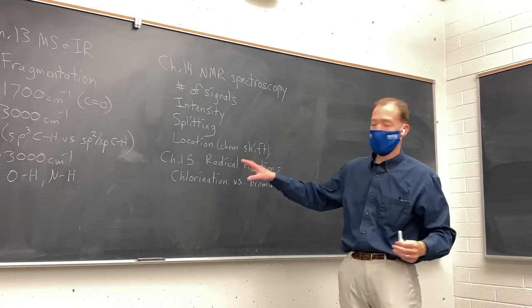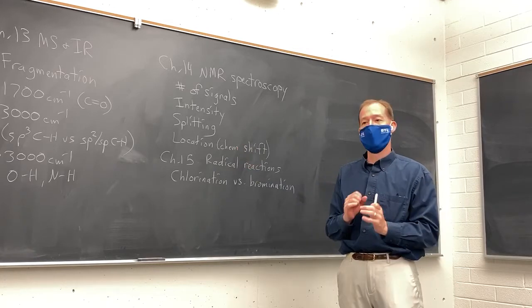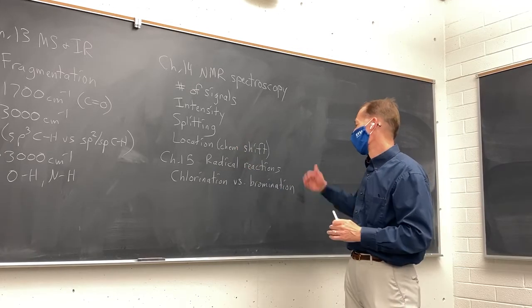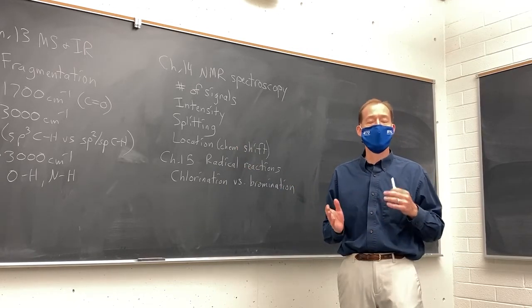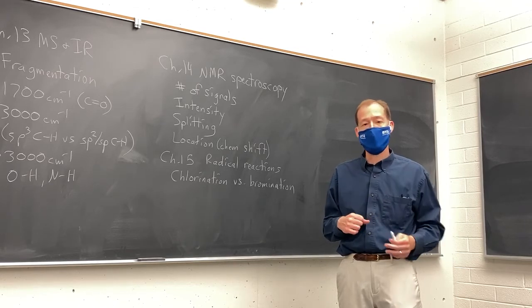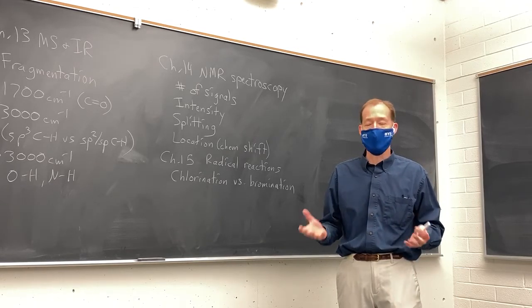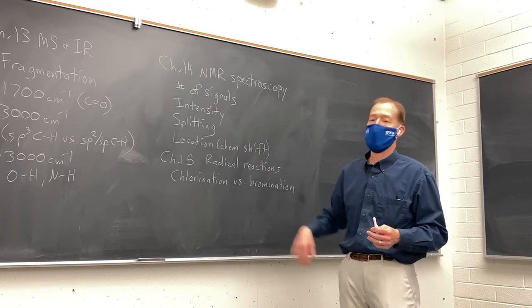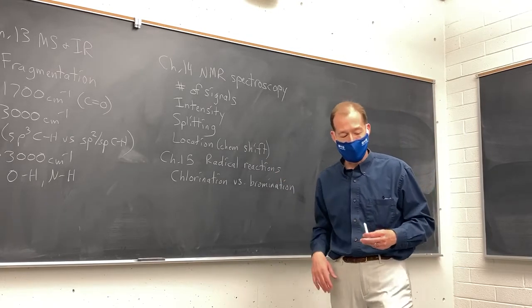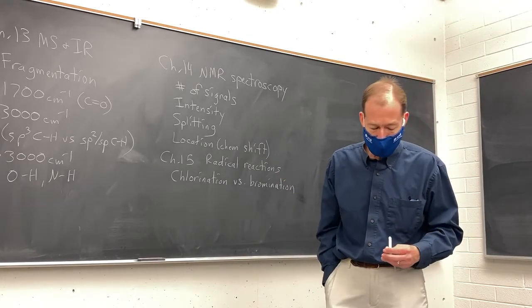And remember that chlorination is less selective, gives all possible products, whereas bromination is more selective, gives you the more substituted alkyl halide. And we explained why that was in the chapter. So that's important to review.